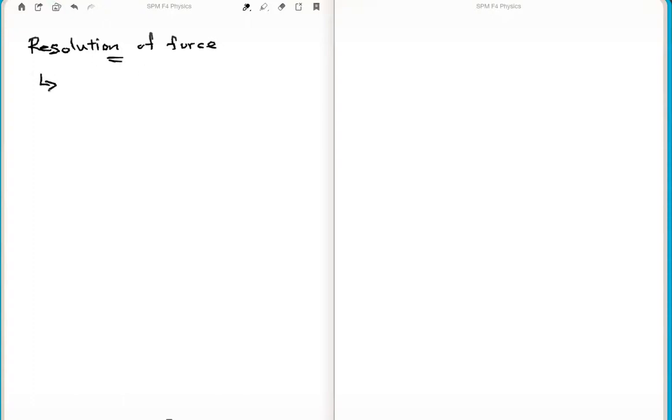It means you need to resolve into 2 components. Component of force. Well, you don't need to worry much about this word, components. Let me give you an example, like what you have done in the previous video on resultant force.